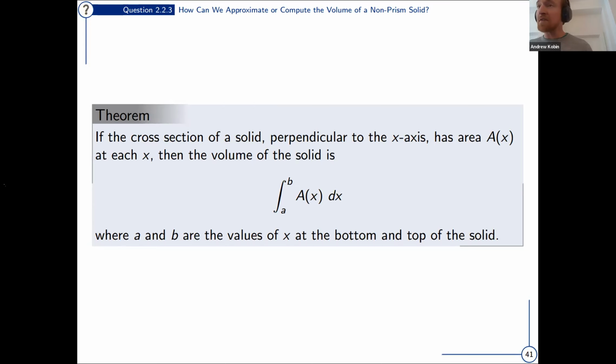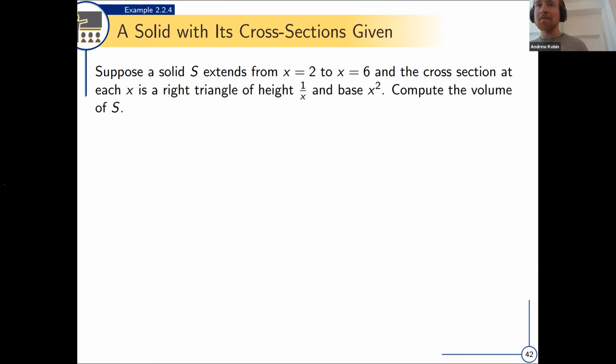The use of this theorem is that if we have some region we want the volume of, and we can draw it so that we're taking slices perpendicular to the x-axis to get our cross sections, and those cross sections have an area formula we can write down as a function of x, then we'll know how to find the volume. So we're going to do a few of these for practice.